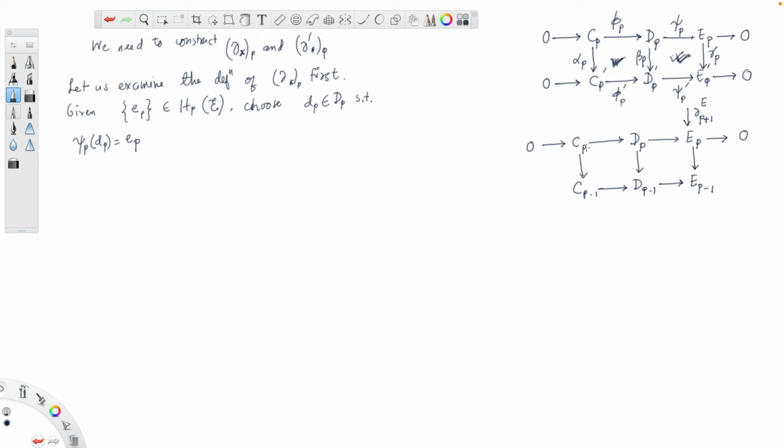The boundary homomorphism that takes Cp to Cp minus 1 is del p C. The boundary homomorphism that takes Dp to Dp minus 1 is del p D, and the map that takes Ep to Ep minus 1 is del p E. So this map is phi p, this is psi p, and this map is phi p minus 1, this map is psi p minus 1. Okay, we know that this diagram commutes.